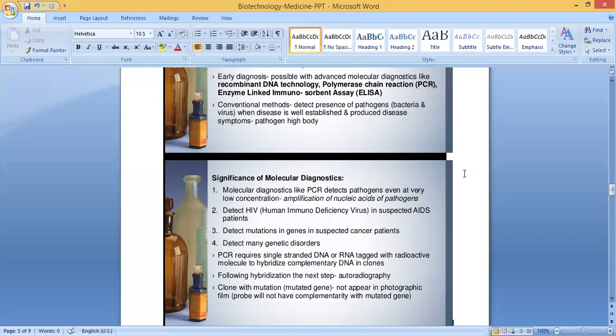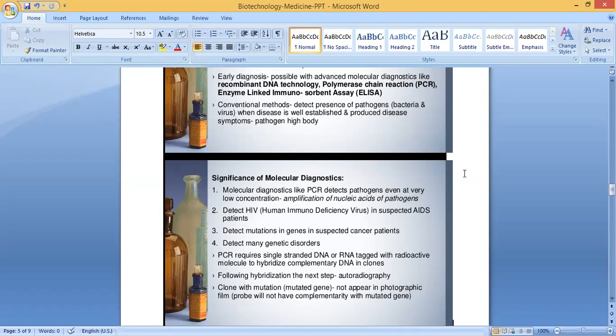Third, to detect mutations in genes in suspected cancer patients; in early stages we can identify it. Then the next significance: to detect many genetic disorders, we use molecular diagnostics methods.